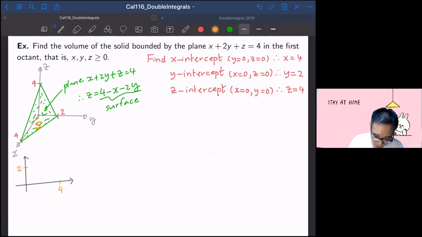So you have Y, you have X, with the Y intercept equal to 2 and 4 like that. And this one will be your region S. Let me use the green color for this one. So the region S is down here.